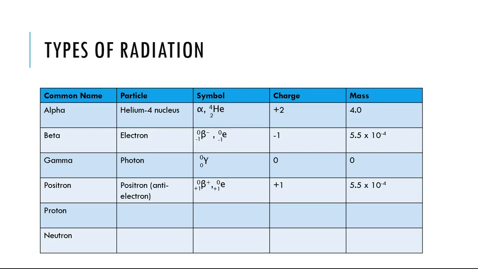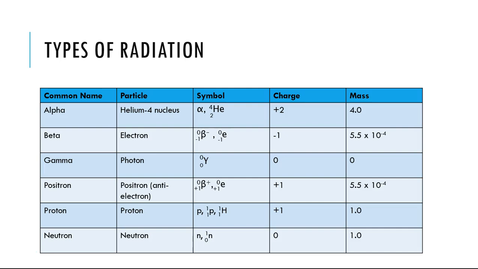Positrons, you can kind of think of them as anti-electrons. They have a negligible mass, same as the electron, but they have a positive charge instead of a negative charge. We know about protons. They have a charge of 1 and a mass of 1 atomic mass unit. And we know about neutrons. They have no charge, but a mass of 1 atomic mass unit.